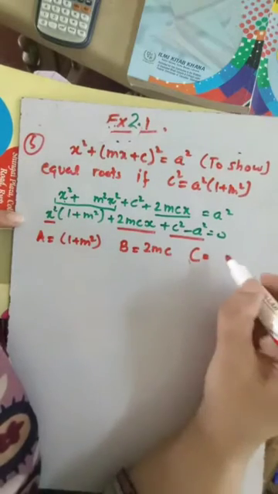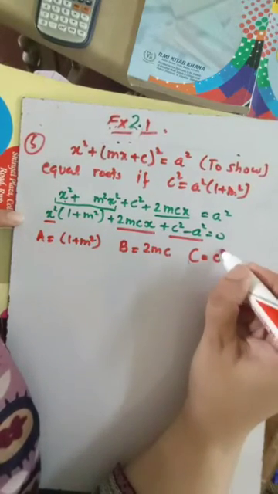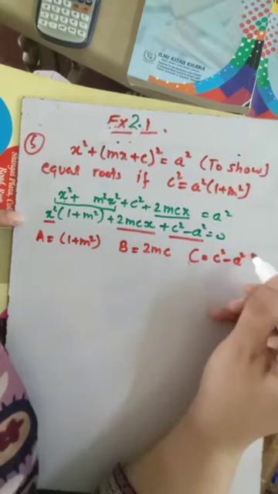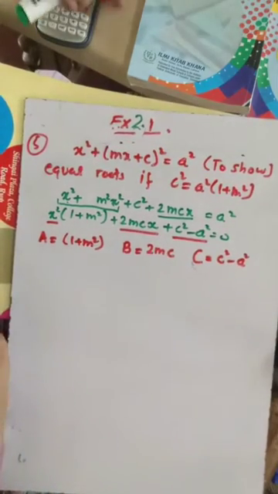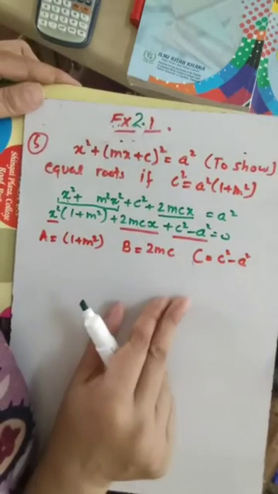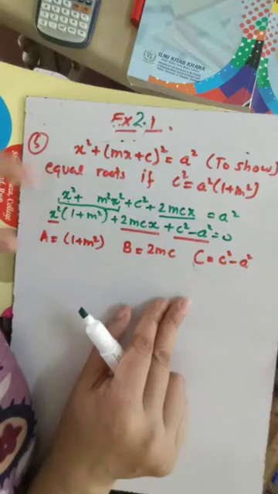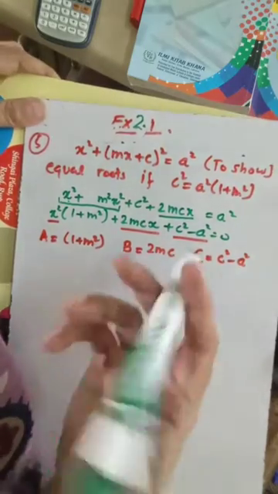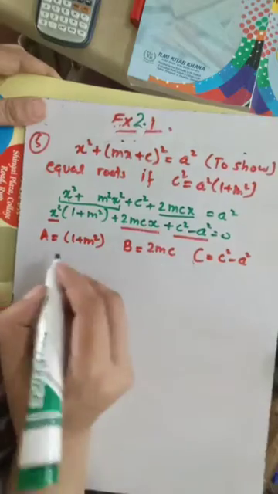That is why I'm using capital ABC for the discriminant and for the formulas, okay. So be careful with that, you don't use the same symbols in the formula when you have those symbols in the question, okay. There should be a difference between the symbols used in the question and the symbols used in the formula. So if you have small abc over here, just use capital ABC for the discriminant.